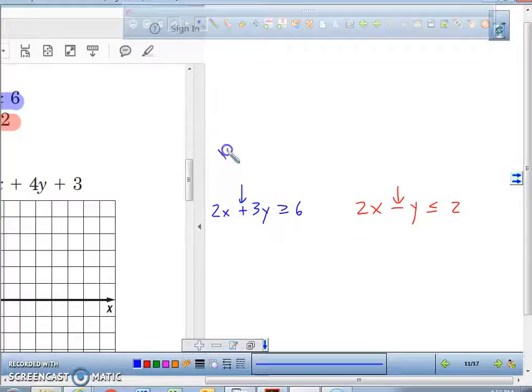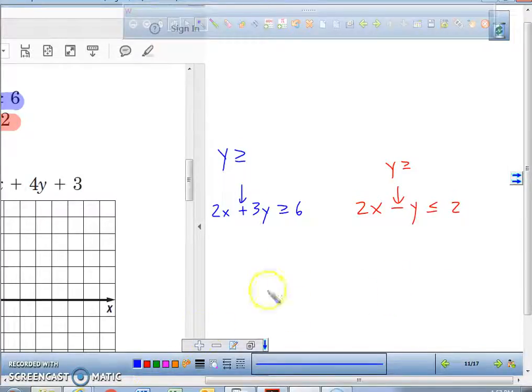No. So just remember, this is going to be a y is greater than or equal to. But if I have a negative in front of here, what am I eventually going to have to do? Multiply or divide by a negative, and what's going to happen to my sign? It's going to change. So it's going to change from less than or equal to greater than or equal to. So you kind of need to know that before you start working it. You kind of know where you're going before you get there.